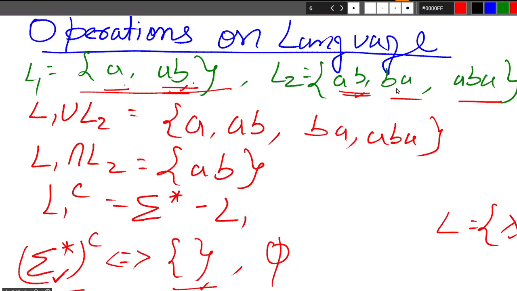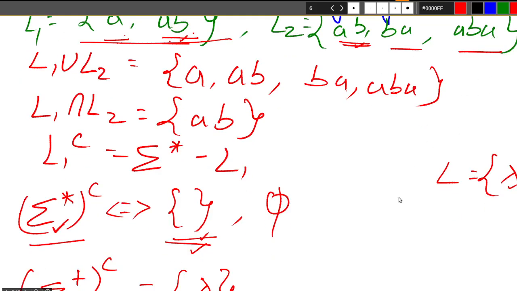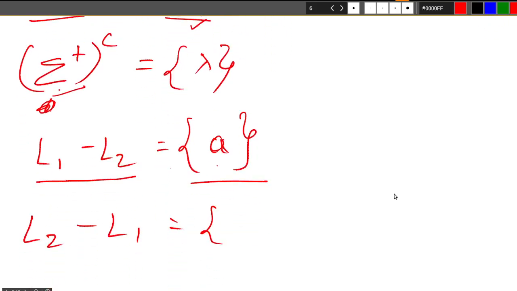Yeah, only these two strings, BA and ABA. Very good. You will have BA and ABA. This is L1 minus L2, set difference.